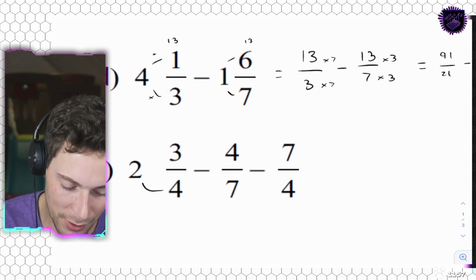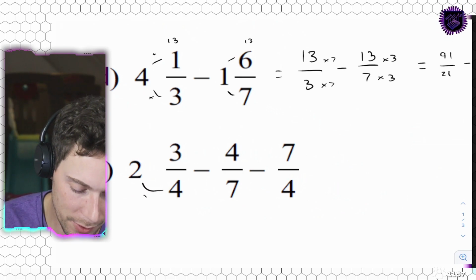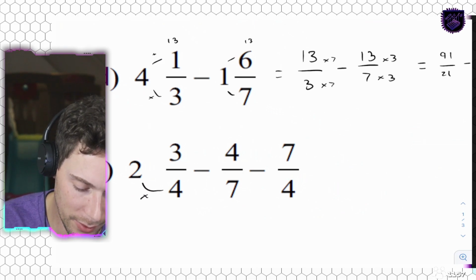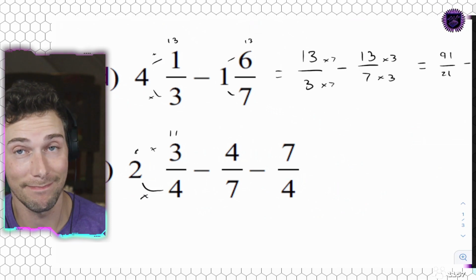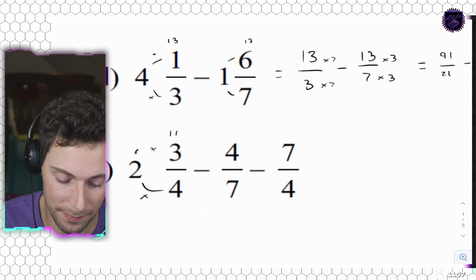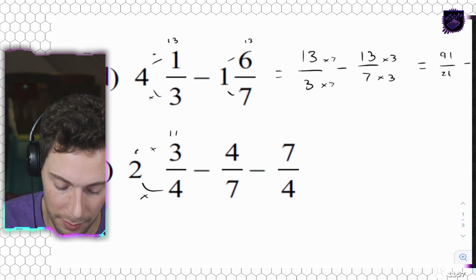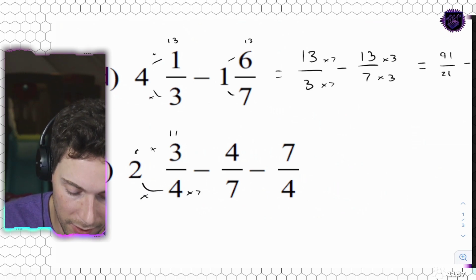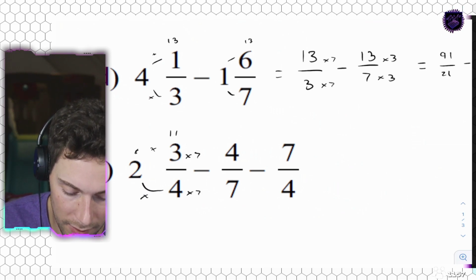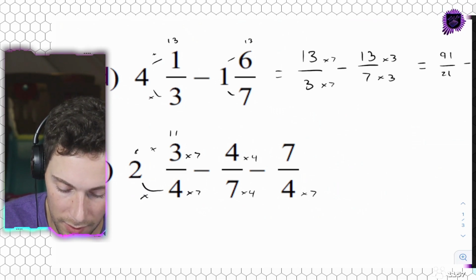All right, 2 and 4. 2 times 4 is going to be 8. And then we're going to add that 8 to the 3 to make 11. 11/4. Now, we're going to multiply 4 and 7. So this is going to be times 7 times 7 times 4 times 4 times 7 times 7.